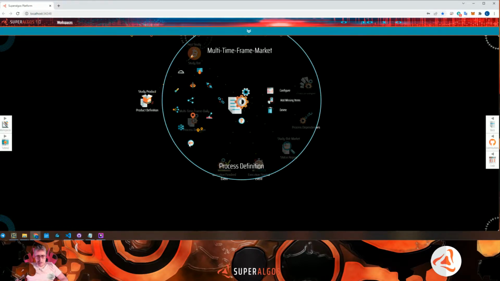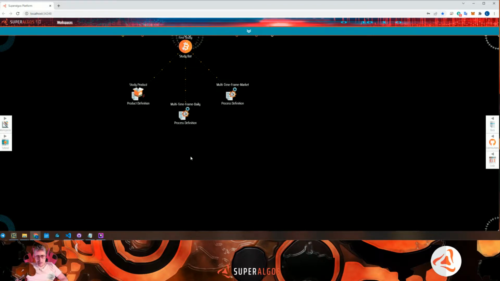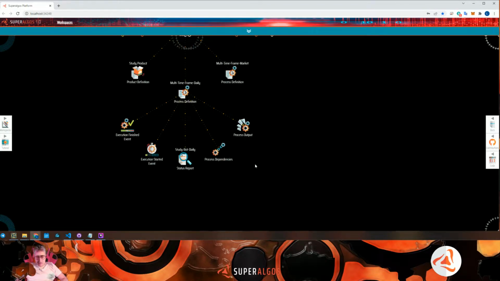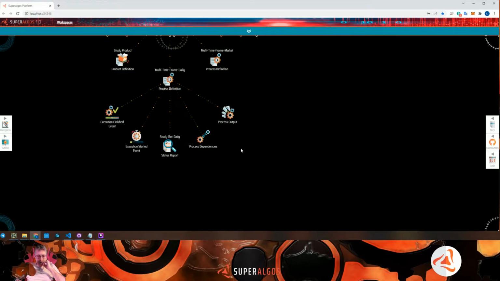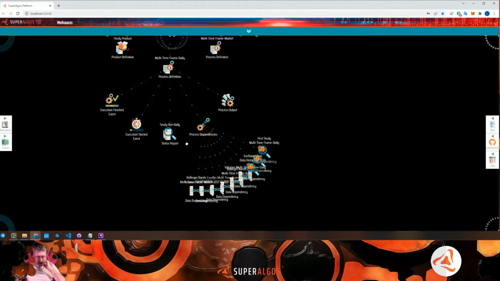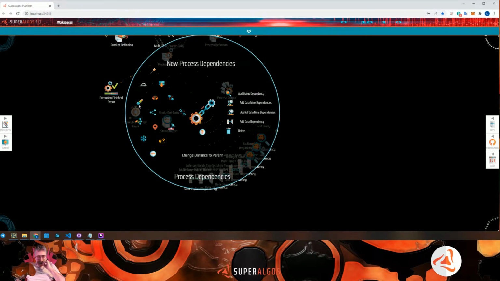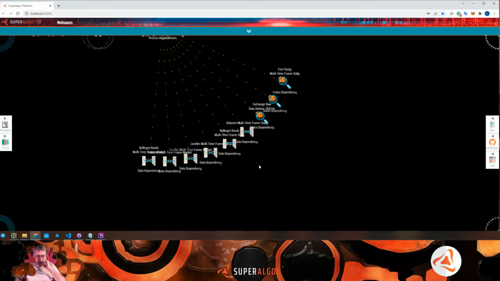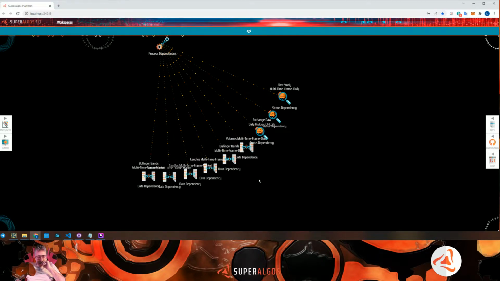Okay, there is one detail here, and it's at multi-time frame daily. At multi-time frame daily, you will need to take care of this. If you see this carefully, you will notice that you have more data dependencies than at multi-time frame market.